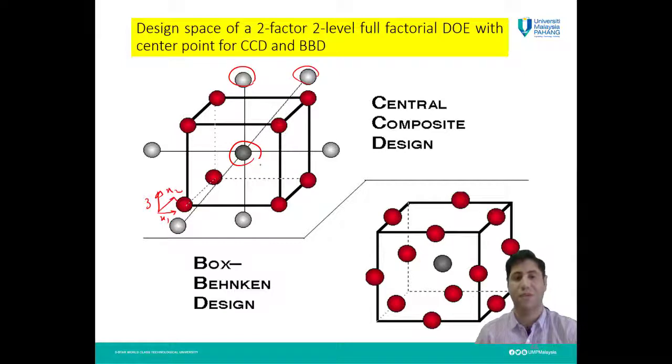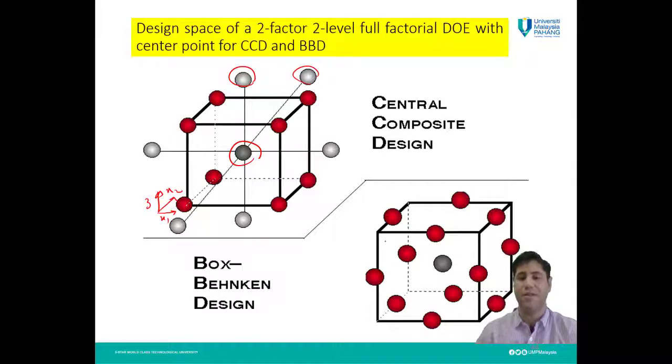This is the CCD, central composite design, to find the second order model. We add more levels to the factors, then we can find the second order model with these new data points and new levels for the factors.